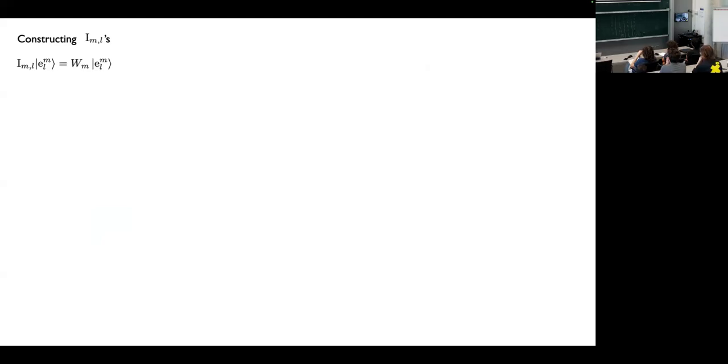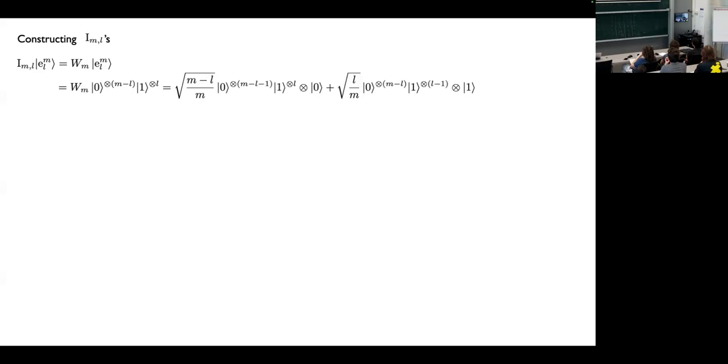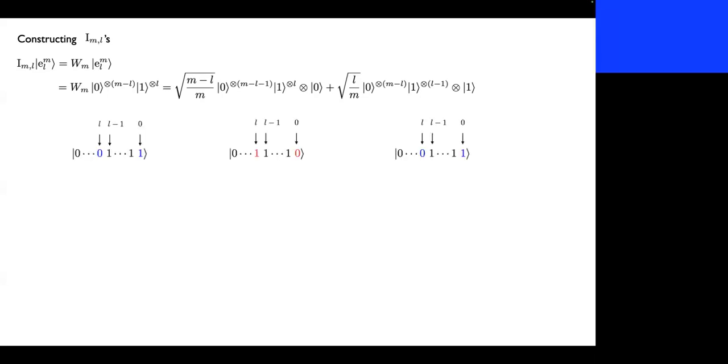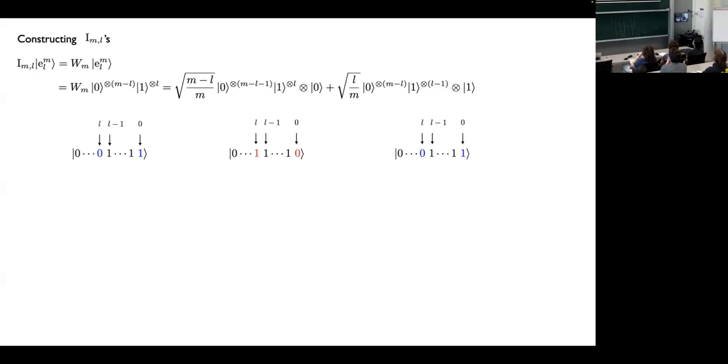So again, for when this index is the same as this one, it should do the job of W. And I remind you that the reference state is given here, has the right number of ones and zeros, a product state. And by definition, this W operator does this. Okay, so my operator should do this. And it looks complicated, but actually, if you stare at it for a minute, you'll see that it's very simple.